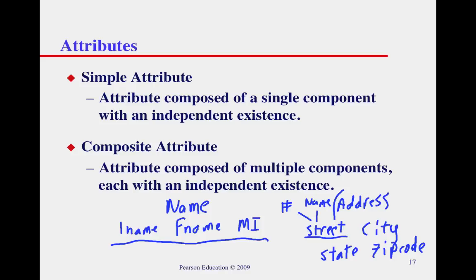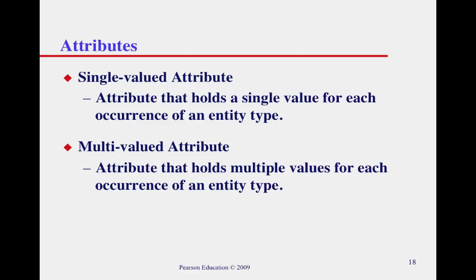That third thing is something. I just forget off the top of my head what it is. So I'll say type. So it's not always the case that a composite attribute is simply composed of simple attributes. It may be actually built up from other composite attributes as well. And you need to list that in your entity relationship diagram so it's clear that these are a related set of attributes.